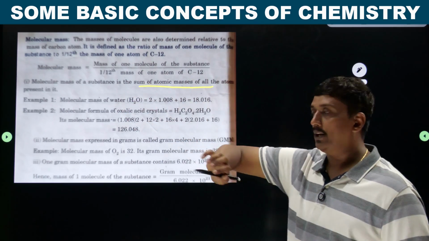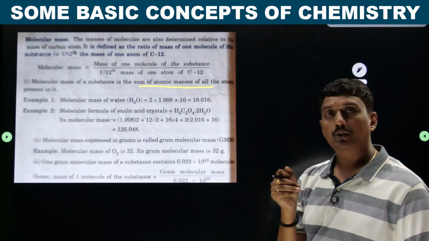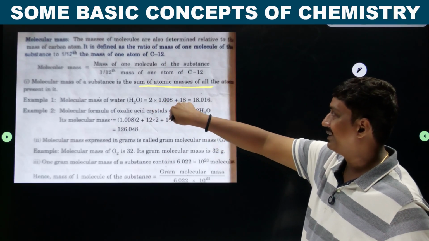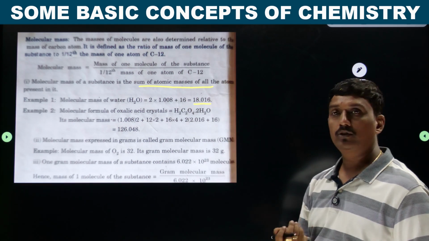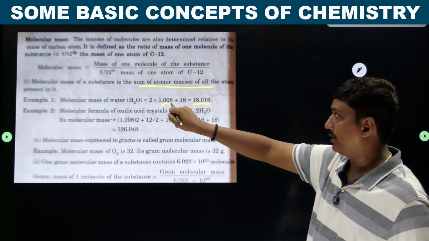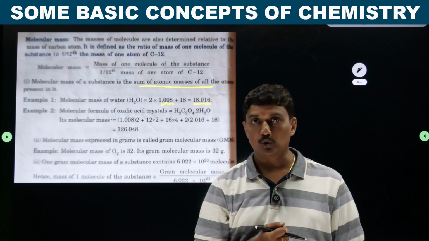It consists of two elements, hydrogen and oxygen: two atoms of hydrogen, one atom of oxygen. Oxygen's atomic mass is 16. You sum up, you get 18.016. Here the relative atomic mass of hydrogen is taken as 1.008 because hydrogen exists in isotopic form.